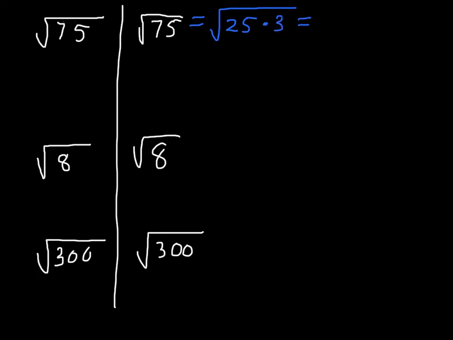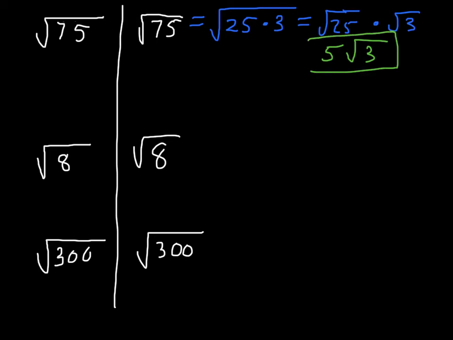So the square root of 25 times 3 can be broken into the square root of 25 times the square root of 3. I know the square root of 25 is 5, and I don't know the square root of 3, so I just leave it as 5 times the square root of 3. This would be my simplified answer right here.